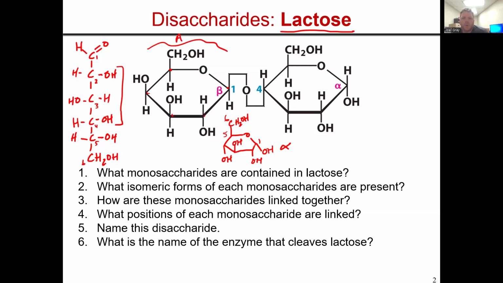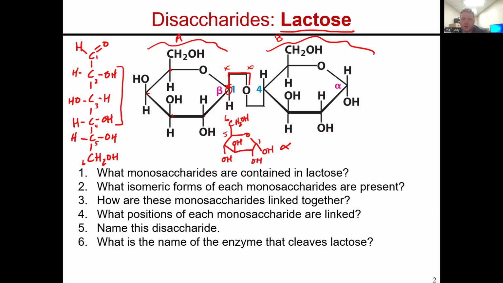Now, what is the difference between monosaccharide A and monosaccharide B? What's the difference on carbon number 1 and carbon number 1 of my ringed glucose? Well, I've got this funky bond that's going to an oxygen, which, spoiler alert, is not a carbon.